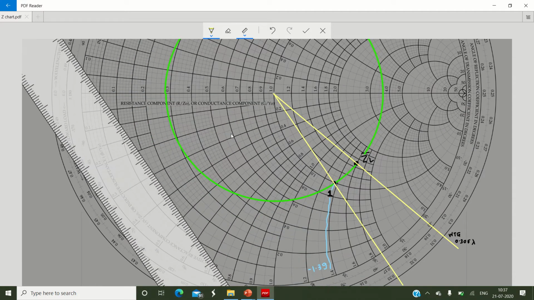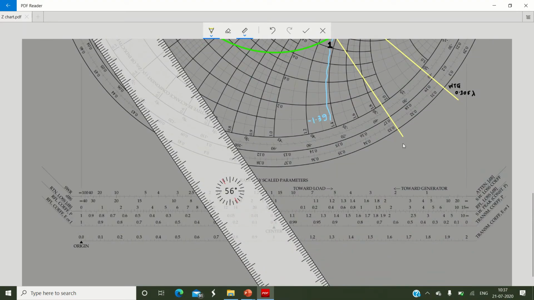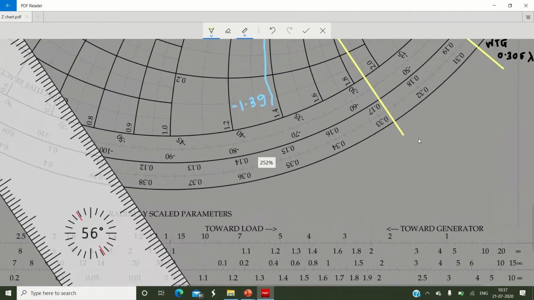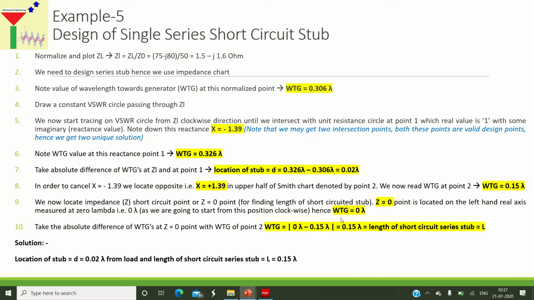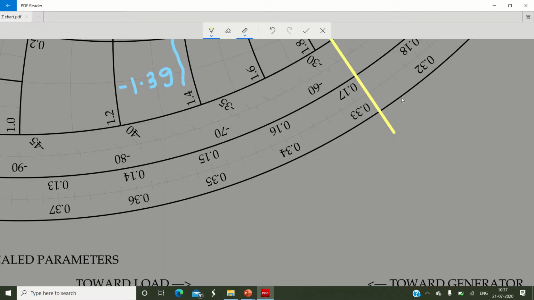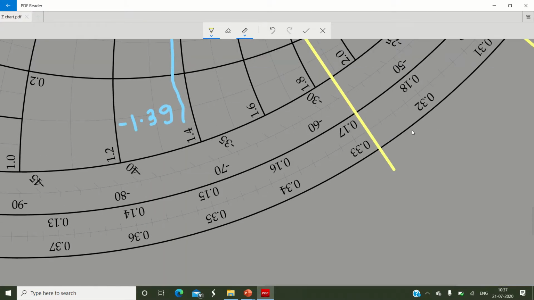Remove your scale. Now, wherever this yellow line is intersecting, we will read out the WTG value. So the WTG value approximately we are going to get is in between here. If you observe, it is between 0.32 and 0.33.